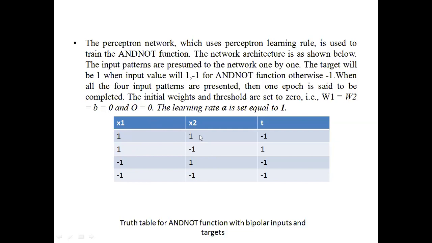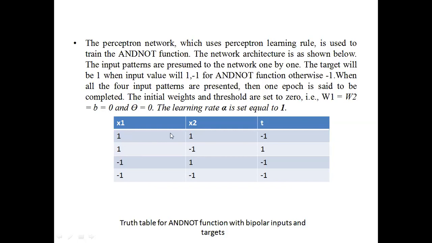So what will be the target now? What will be the input combinations? That is 1 -1 1 -1 and 1 1 -1 -1. The most important thing here is that the target will be 1 when the input pattern is 1 and -1. Here the x1 value is 1 and the x2 value is -1, therefore the target will be 1.